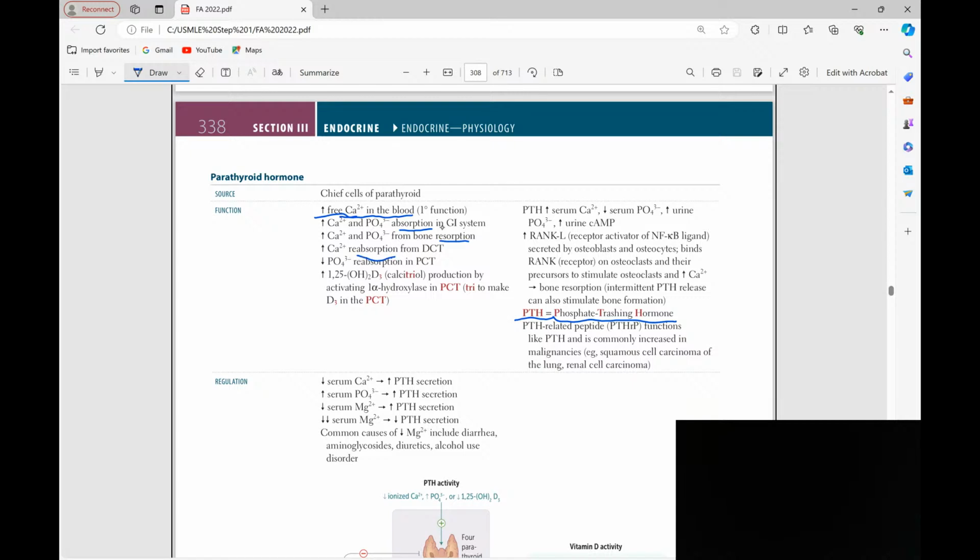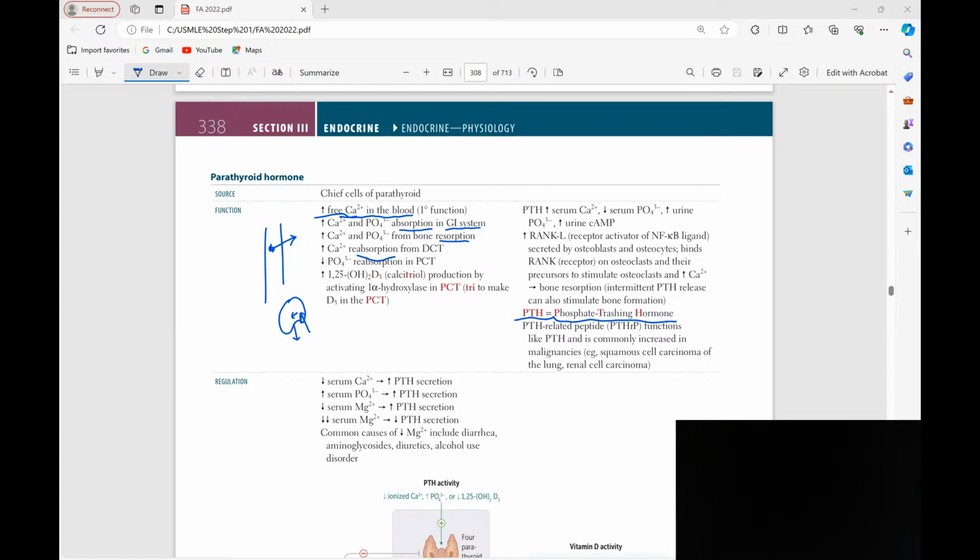Absorption from GI: whatever food we intake contains some amount of calcium, so there is absorption from the intestine, and then it goes to blood, then to cells, then to liver, then to kidney, and in the kidney, the major function is excretion and reabsorption. To maintain homeostasis, there will be increased calcium reabsorption, and that is maintained by parathyroid hormone.